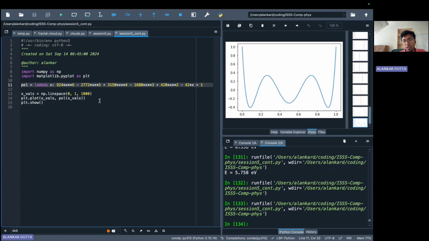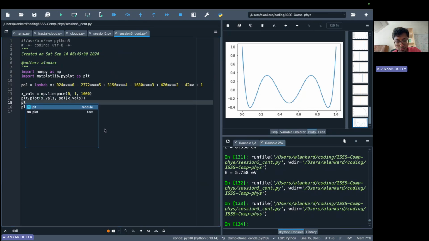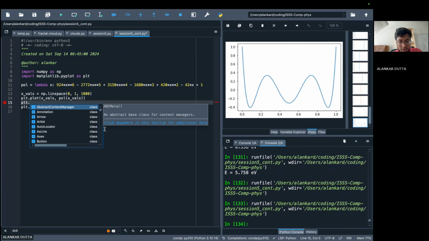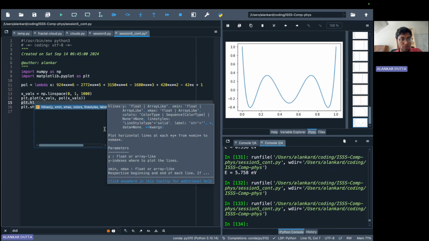We see the polynomial, and here you can see that if we pass a line through x equals 0, there are 1, 2. So let's have a line as well. plt dot hlines, I think it's called. You give an x min and x max and a y value.